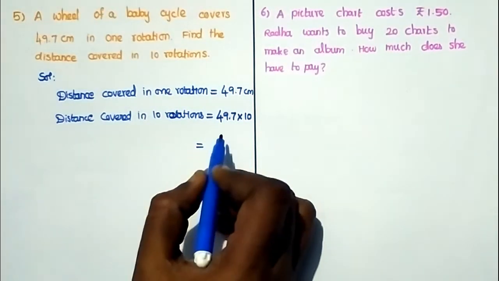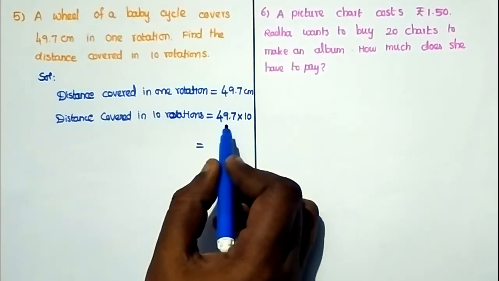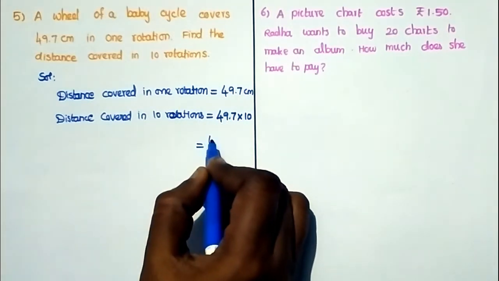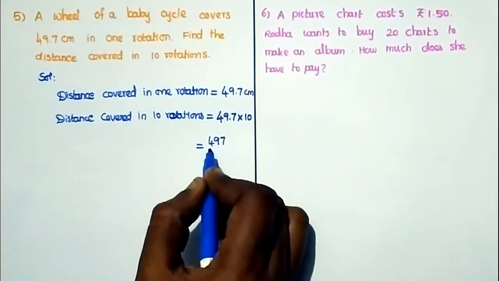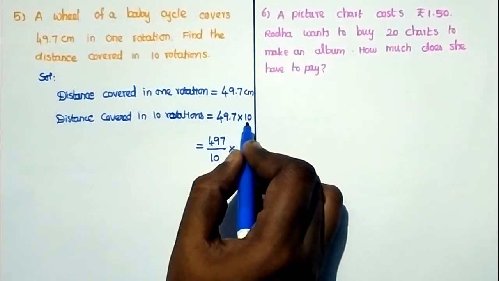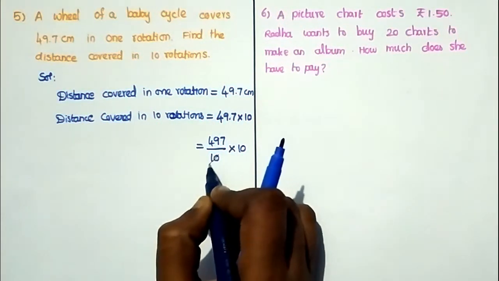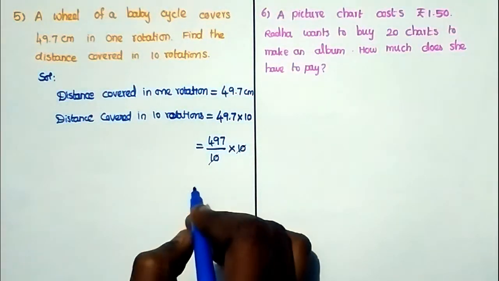Write down the decimal number as a fraction, 49.7. So 497 divided by 10 into, already 10 is there, so write down that, and 10 gets cancelled.